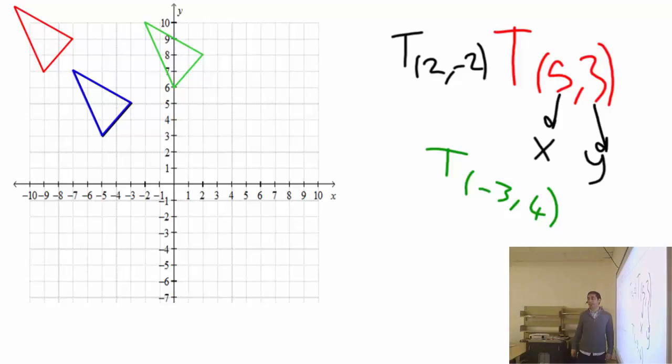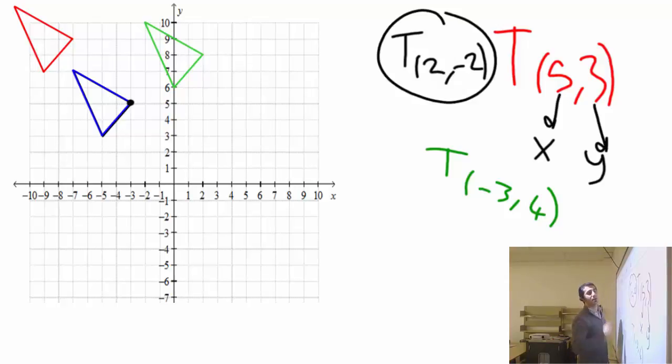As I said, it doesn't matter which corner you pick. This time I'm going to pick that corner, and this corner I'm going to move it 2 to the right, 2 units down. So that is standing at -3. It will mean -1. It will go to -1, and I'll go 2 units down.